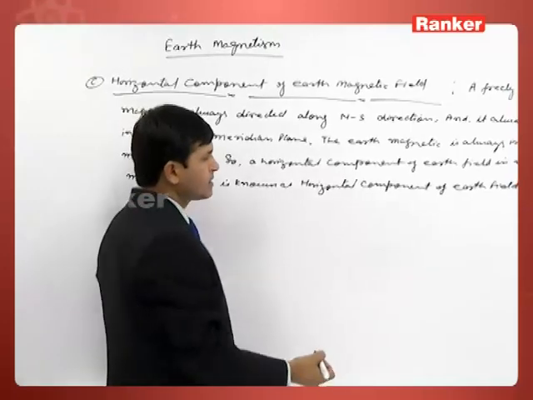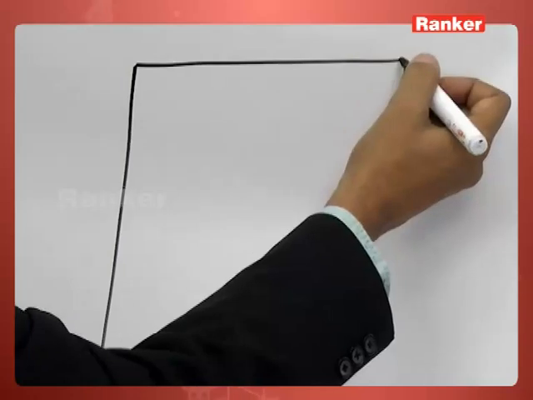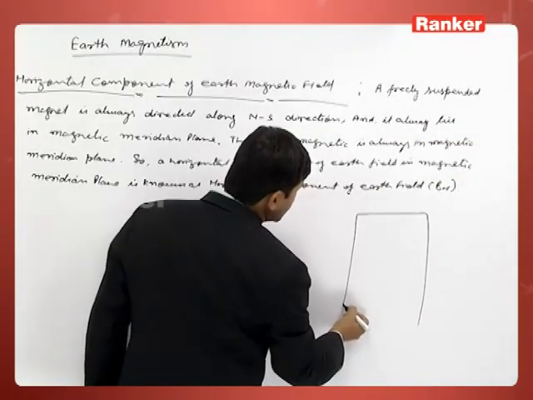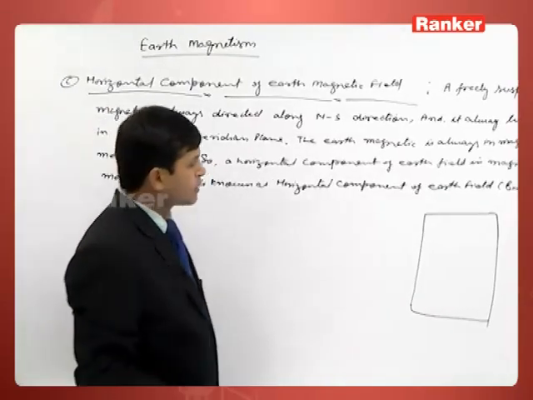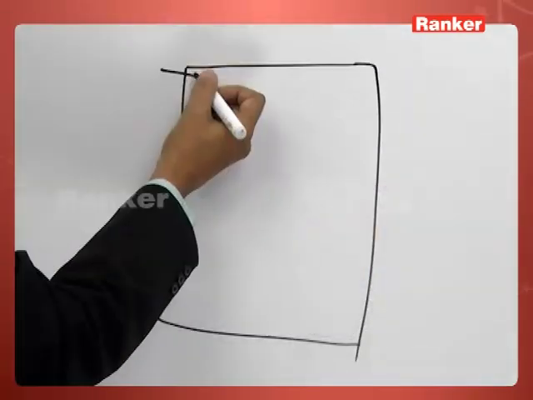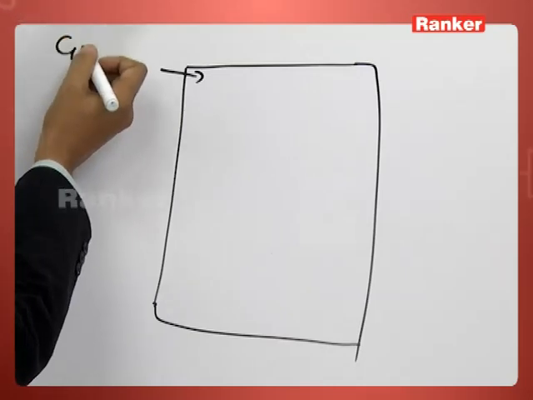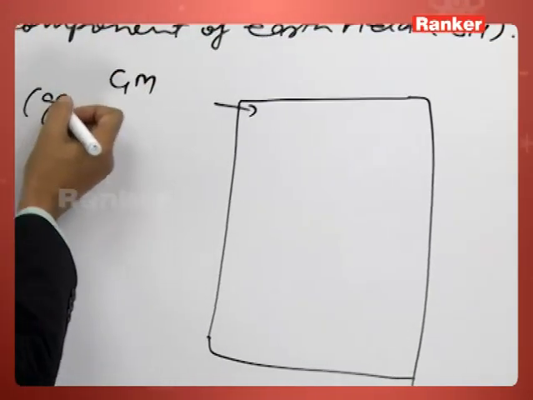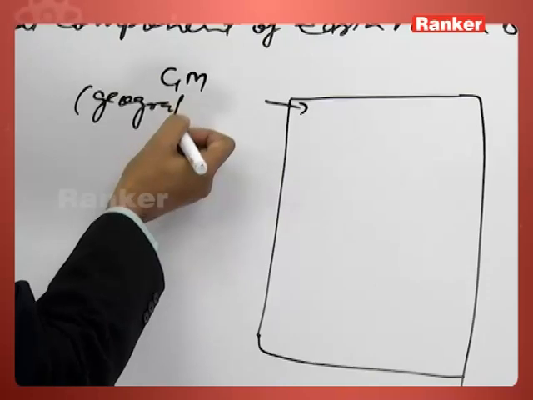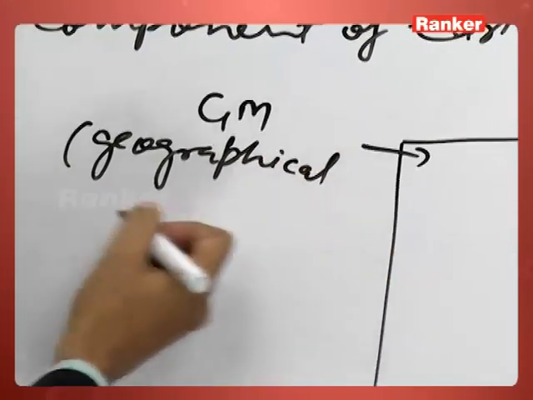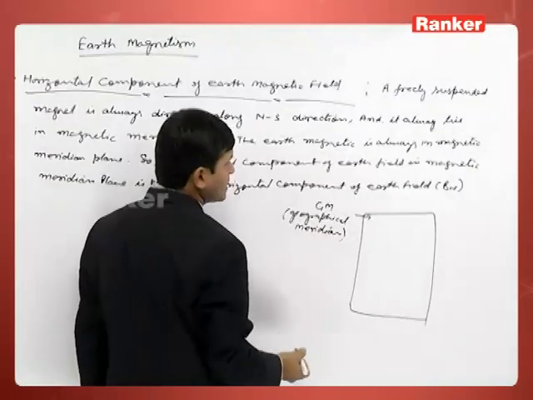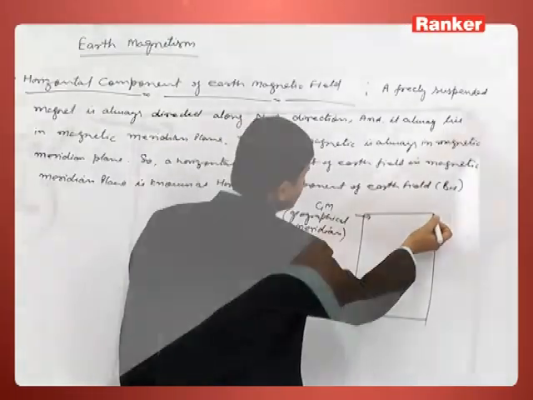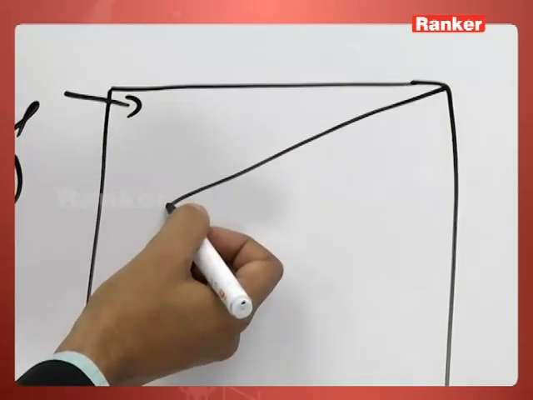We can draw a diagram to understand it better. Let this be our plane, called the geographical meridian, GM, which we have already defined.